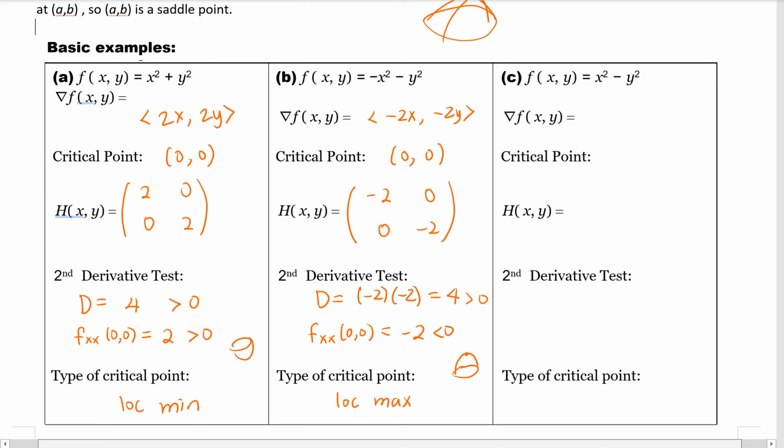Alright, let's continue. I really hope that for these easy examples, you can pause the video and try to finish them and then check your answers, okay?